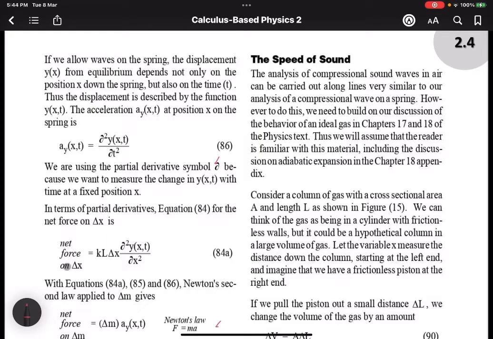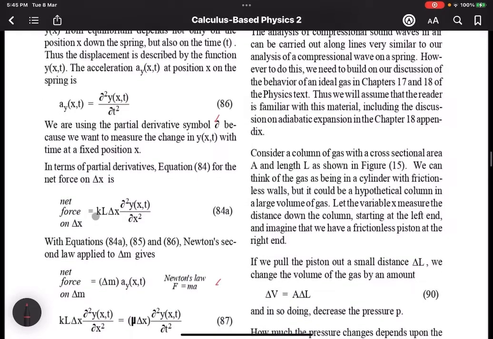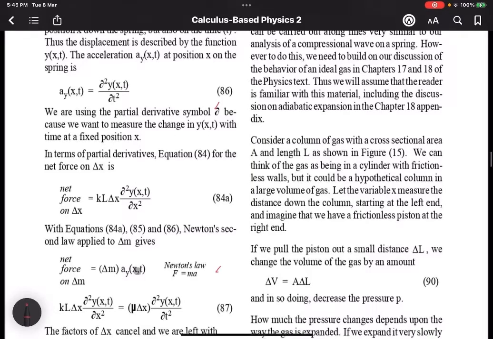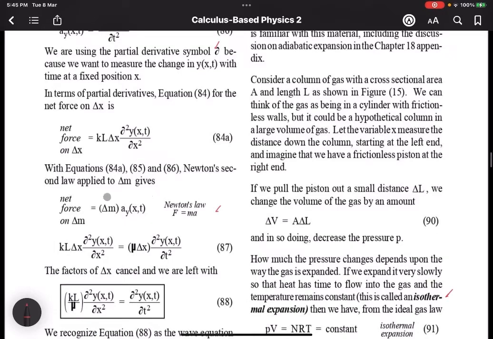Now, for the net force on the location, no, change in location of the spring, we will have KL times the change in x times the partial derivative. Okay? So, combining these two by applying the Newton's second law, so we have net force on the change in mass is equal to the change in mass times the acceleration of xt.